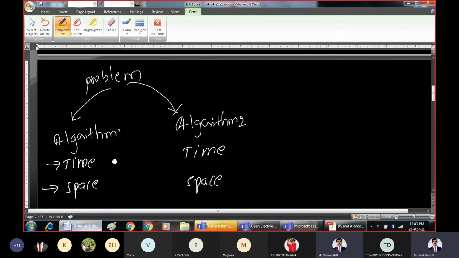Obviously, we want time to be less and space to be less. That means if algorithm 1 is taking 5 seconds to solve a problem and it is consuming 10 MB of space, and algorithm 2 is taking 10 seconds of time and a space of 20 MB.